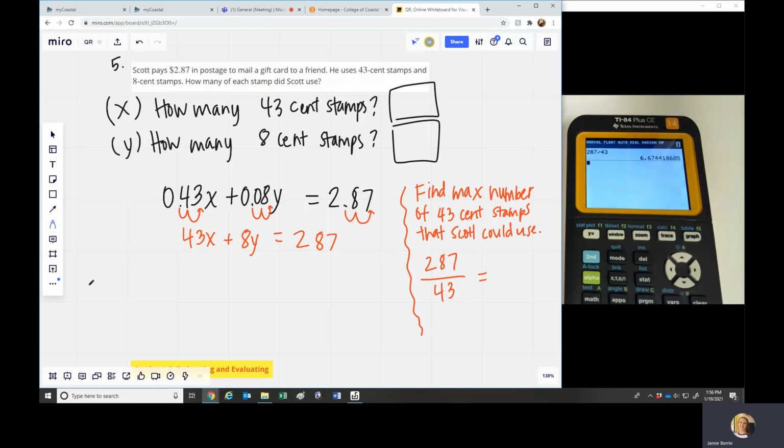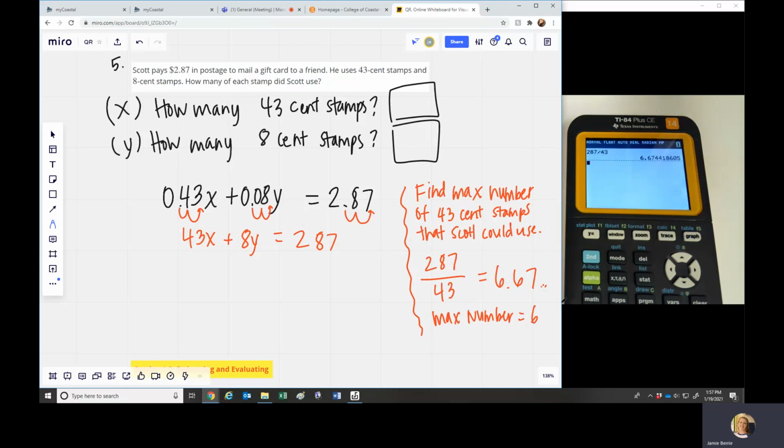All right, 6.67, and so on. So this tells me that the maximum number of 43-cent stamps that he could have used was 6. So max number equals 6. That's the maximum number of 43-cent stamps that Scott could have put on his package.